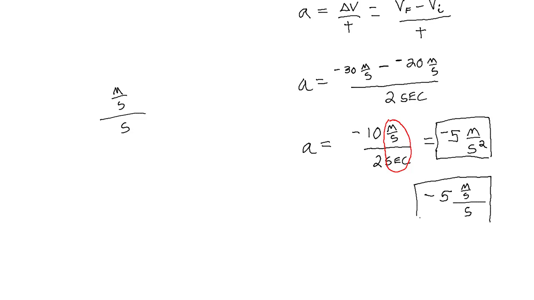And sometimes that's useful because this really gets at the heart of what acceleration means. This means that for every second of travel, my velocity changes by negative 5 meters per second. So that's what that unit really means.